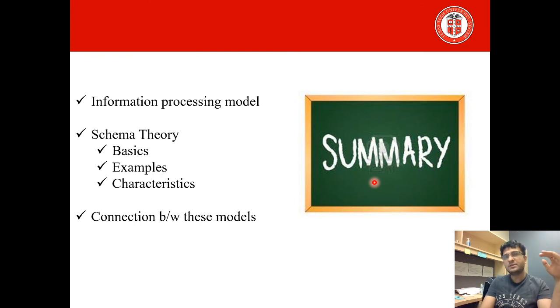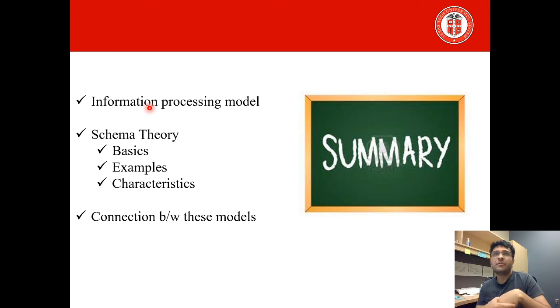All right, to wind up this presentation, let's see what we have talked about so far. We have talked about the information processing model, what it is, how it's connected to a computer. Then we talked about schema theory, what schema theory is, who discovered it, what schema exactly means.